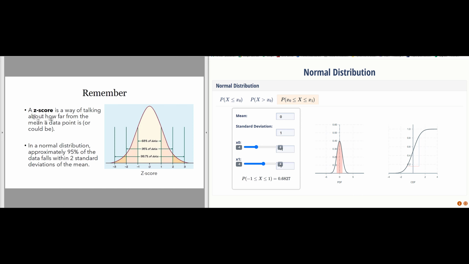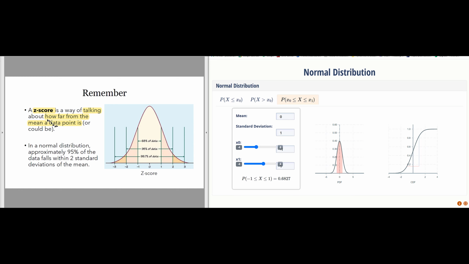So the z-score is a normalized way of talking about how far away from the mean a particular data point is or could be based on the standard deviation of that distribution. Now, often we're interested in knowing what is the probability of being within some certain number of standard deviations of the mean?